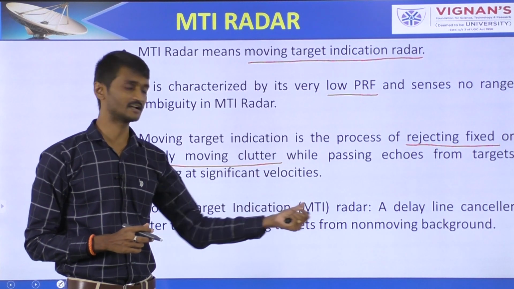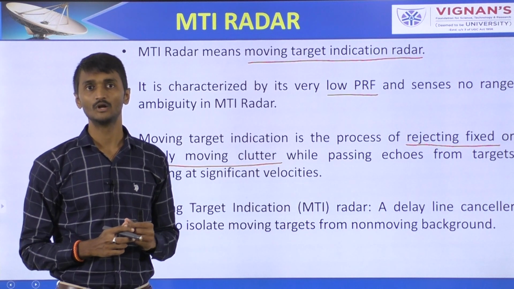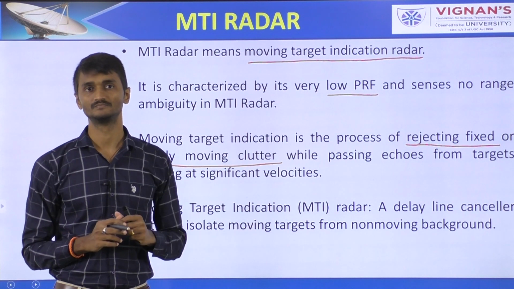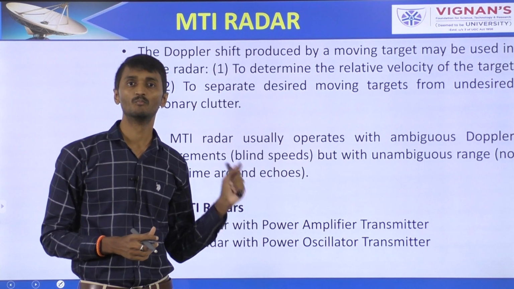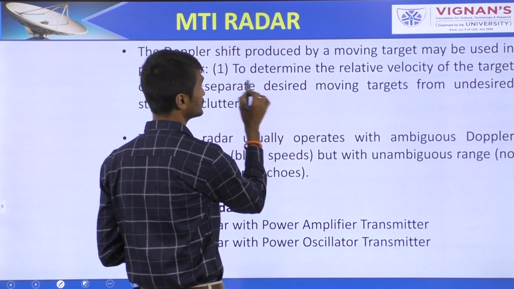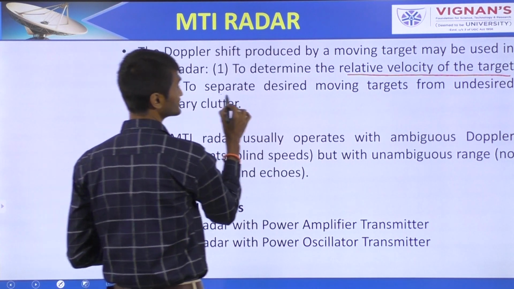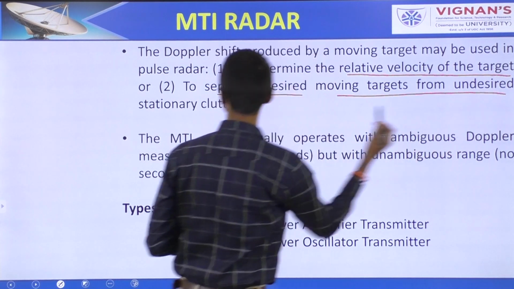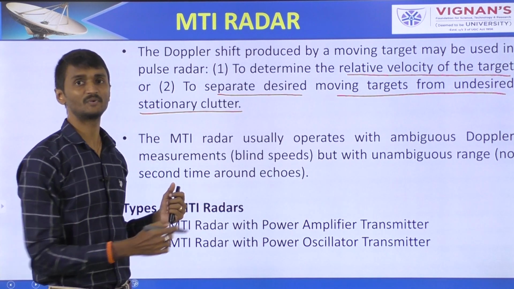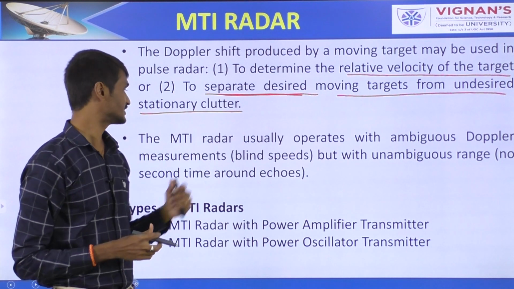In moving target indication radar, a delay line canceller filter is used to isolate moving targets from the non-moving background. The Doppler shift produced by the moving target may be used in pulsed radar, first, to determine the relative velocity of the target, and second, to separate desired moving targets from undesired stationary clutters. Here the second application is of great importance.